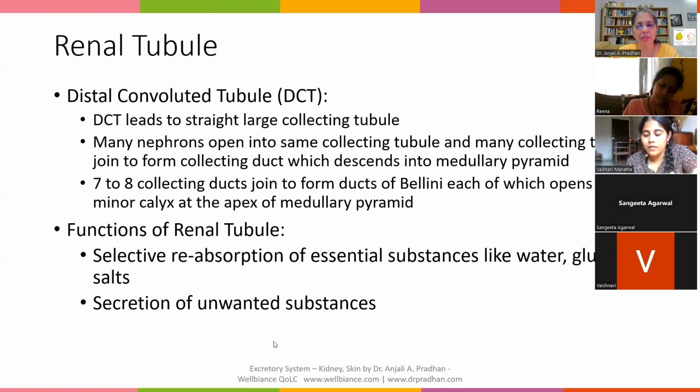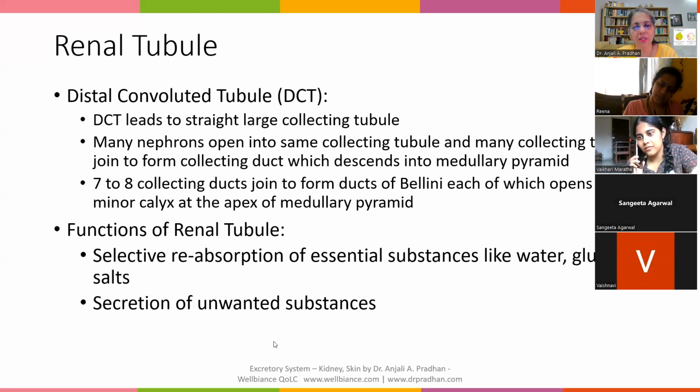So the water, that water is reabsorbed. That means whatever entered, 20% of that formed glomerular filtrate, and from that water is reabsorbed again into circulation.